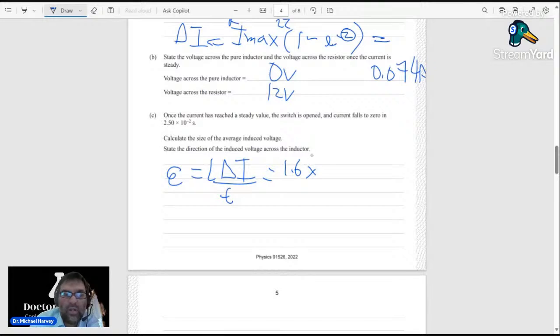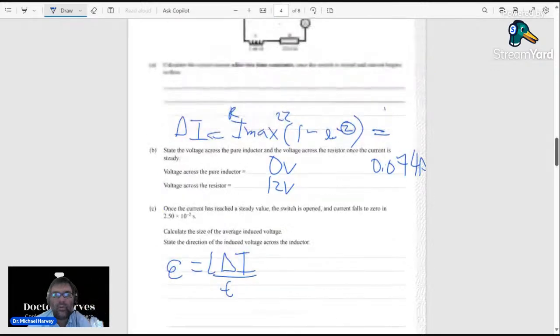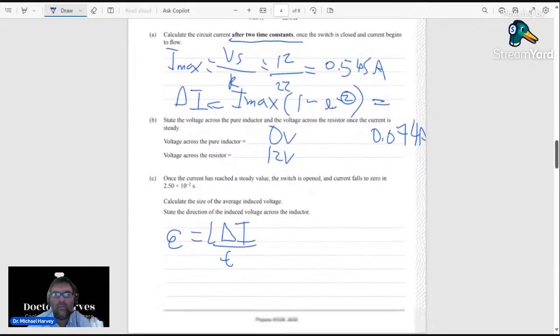We've got to work out the current first. Actually, we got the current in the previous example. What am I even doing? The current's already there, 0.545.